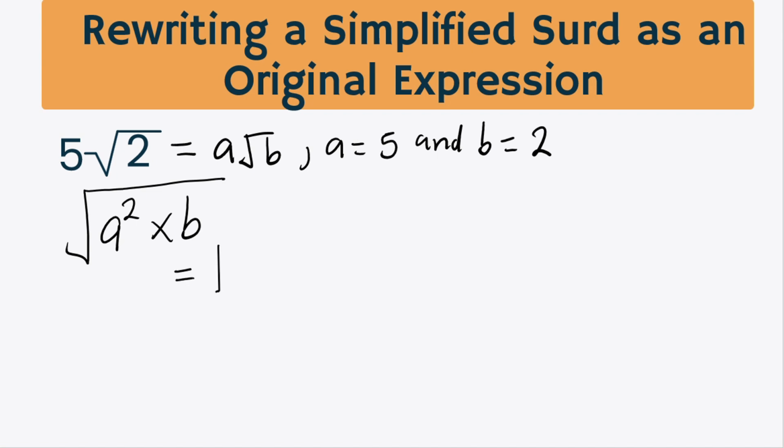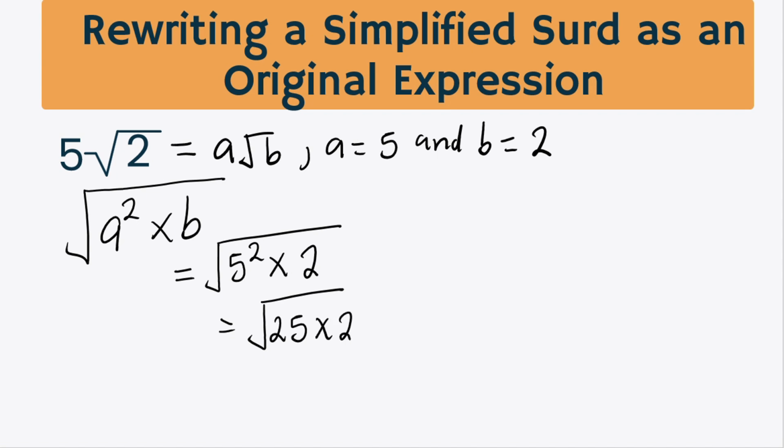So this is the square root of 5 squared times 2. And this will give us the square root of 5 squared, which is 25, times 2, and that is equal to root 50. So that simply means that root 50 was simplified to give 5 root 2.